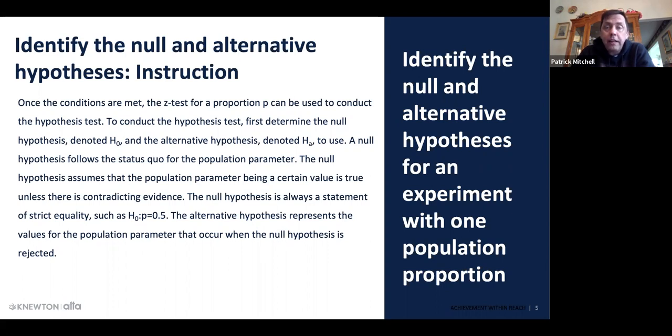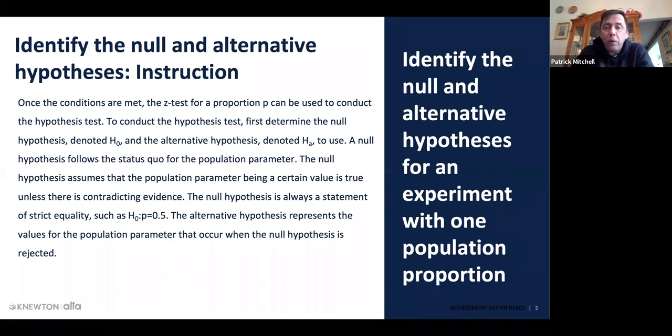So it's kind of like that innocent until proven guilty idea. The null hypothesis is always a statement of strict equality, such as H sub 0: P equals 0.5. The alternative hypothesis represents the values for the population parameter that occur when the null hypothesis is rejected.